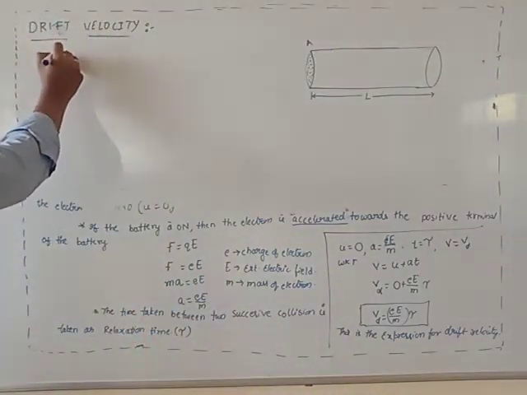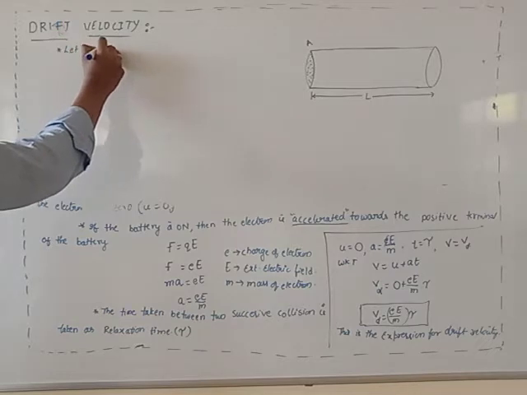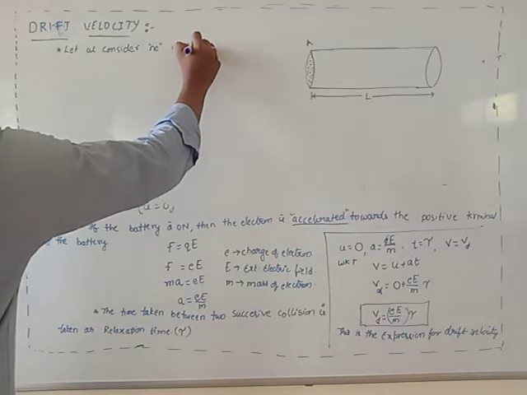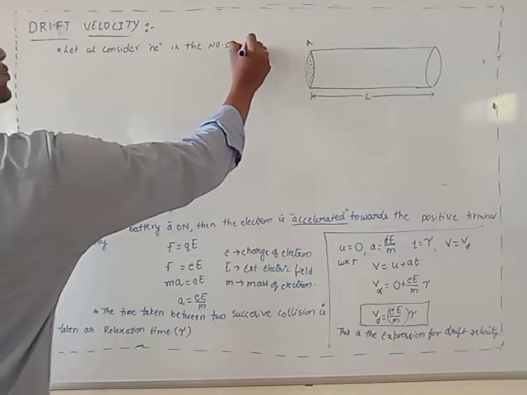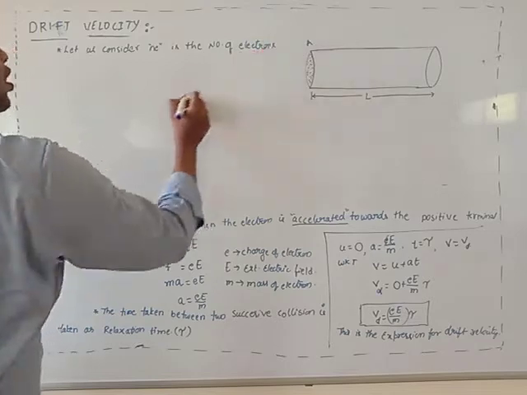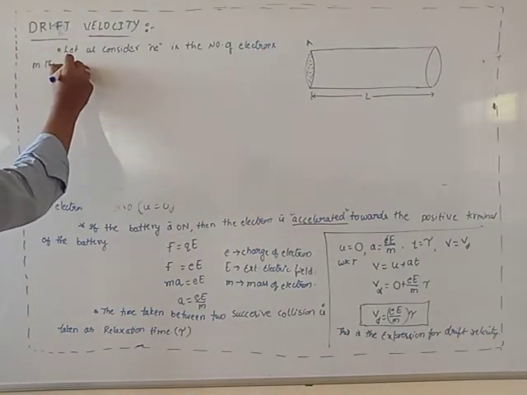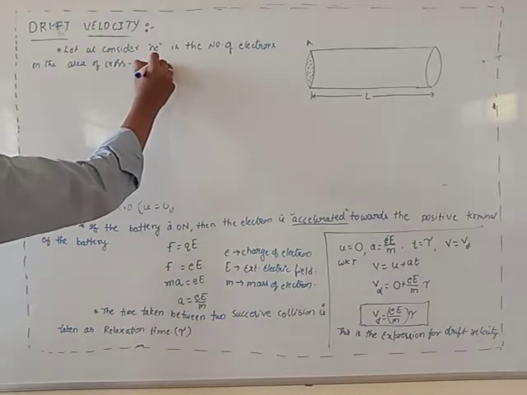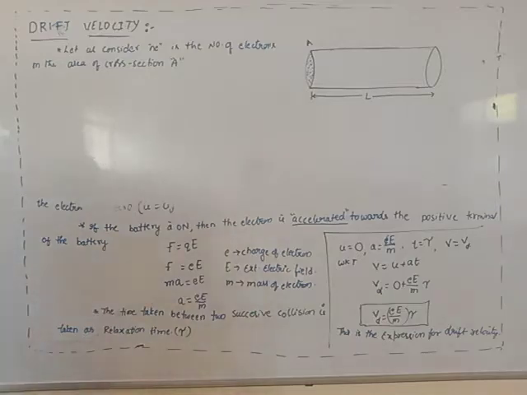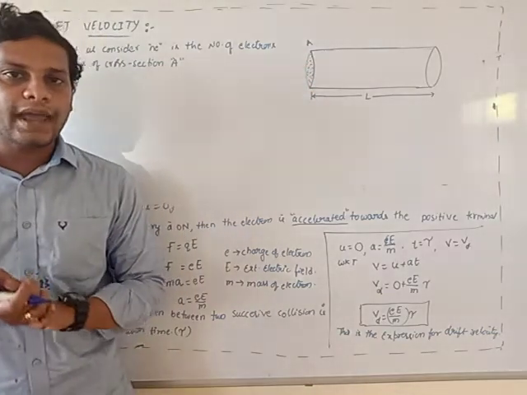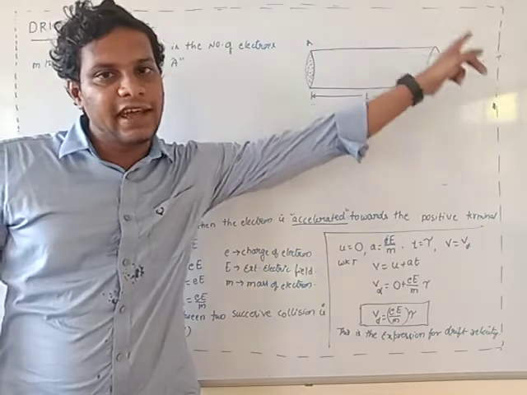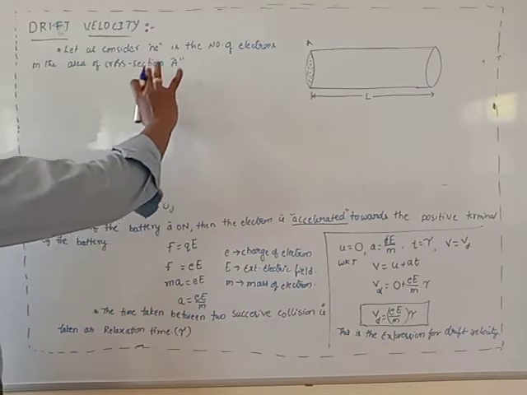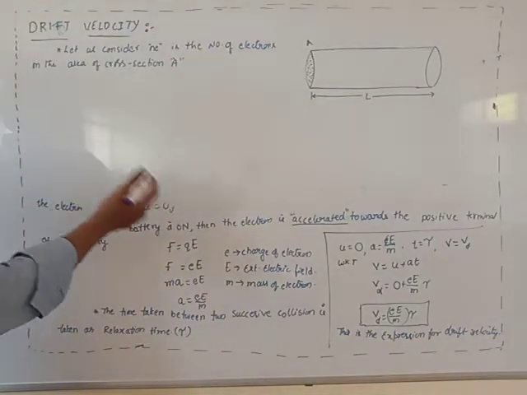For example, let us consider Ne is the number of electrons on the area of cross section A. Now in the entire volume, what is the number of electrons, or the number of charges in the entire volume?